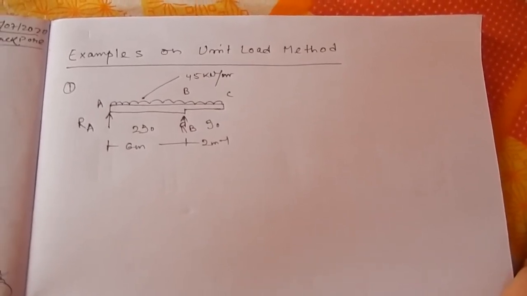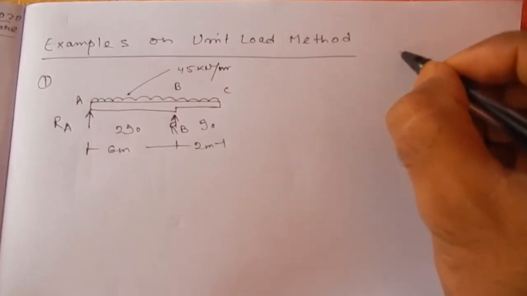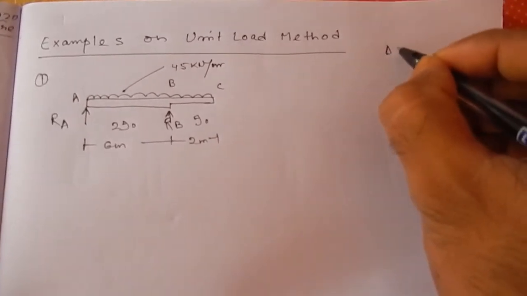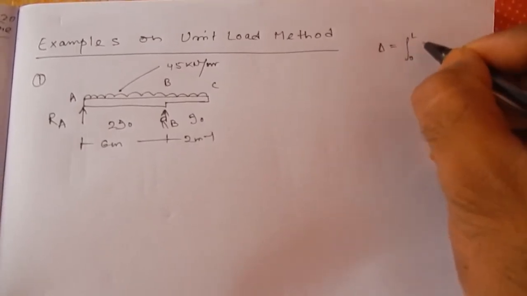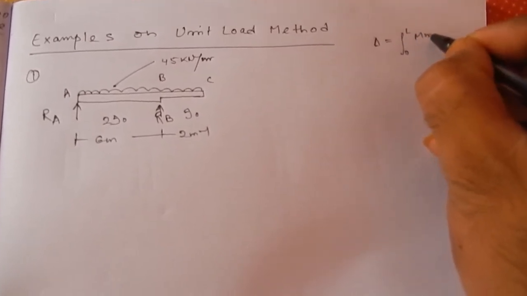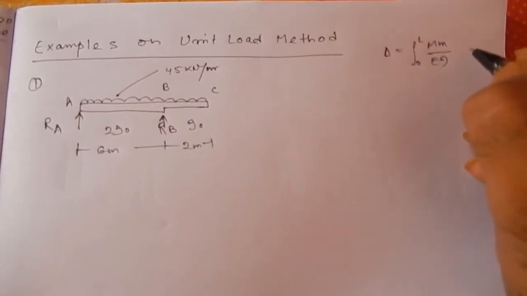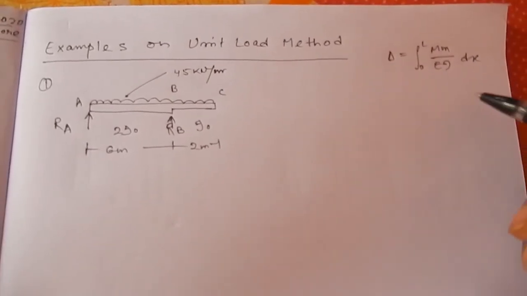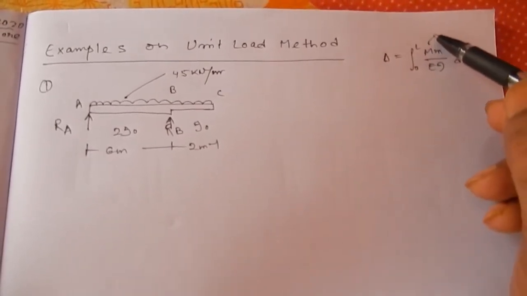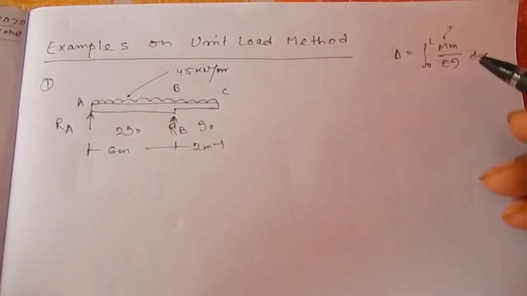We have got one formula which says the deflection will be equal to the integral from 0 to L of capital M small m by EI dx, right? Now what is the capital M? Capital M is the moment created by the real load, the actual load.